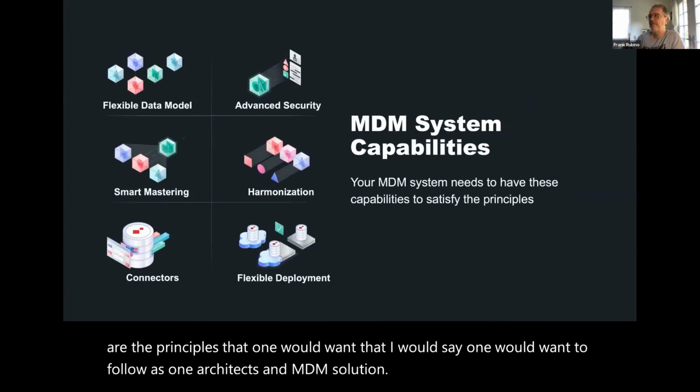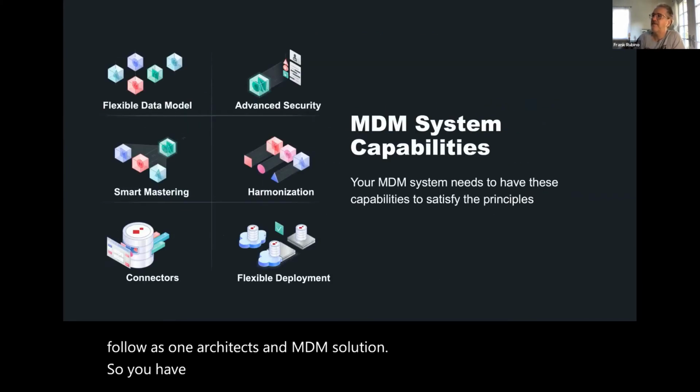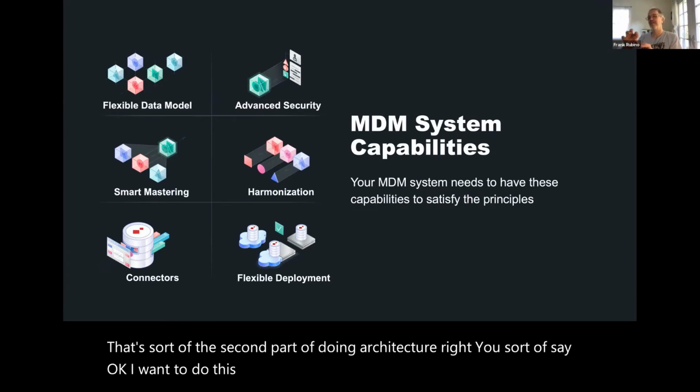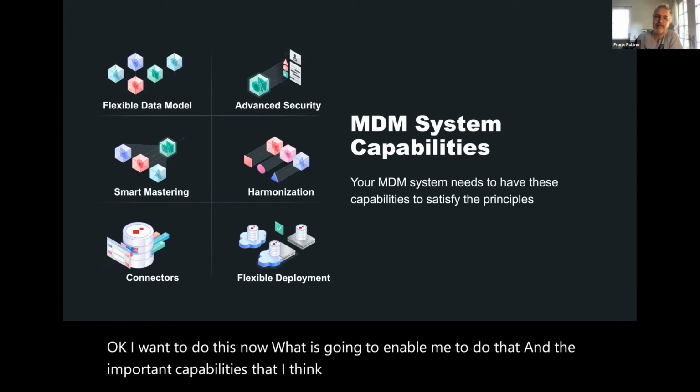So you have principles. Now, your principles have to map to capabilities. That's the second part of doing architecture, right? You say, okay, I want to do this. Now, what is going to enable me to do that? The important capabilities that I think an MDM system has to have start with a flexible data model.